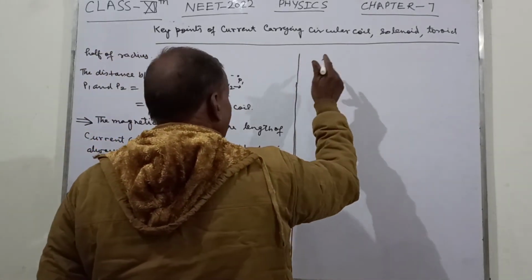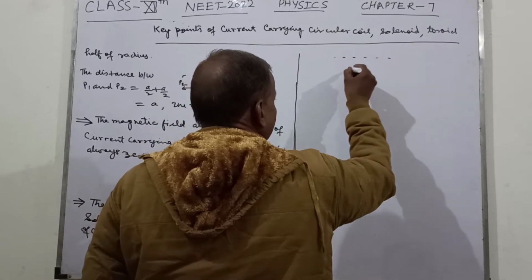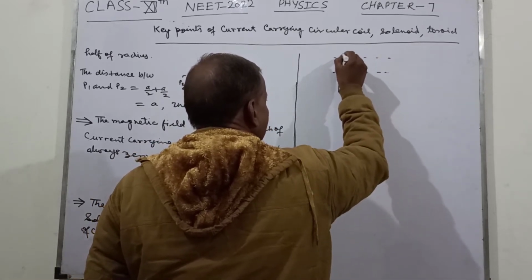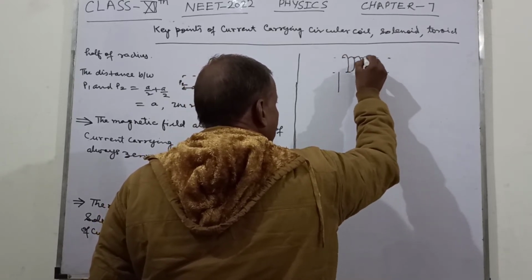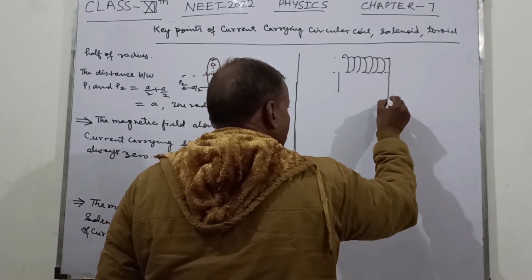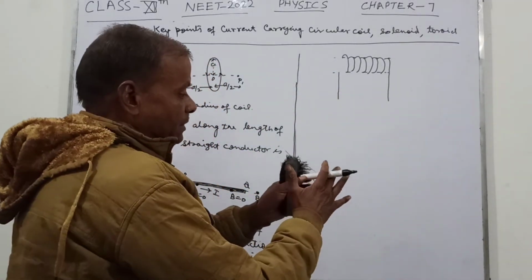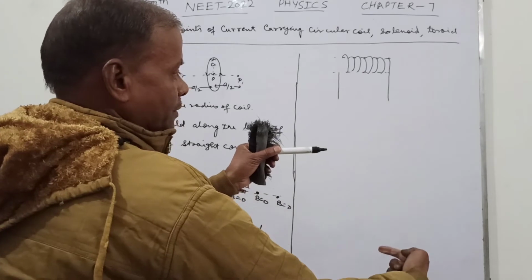Suppose this is a solenoid. This turn is inside to this one, that I have wound it like this, in this way.